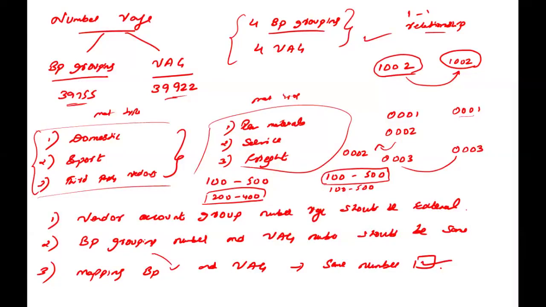If you want to have the BP number and the vendor number same, then you have three prerequisites. First, the vendor account group number range should be external. Second, BP grouping number and vendor account group number should be same. Third, when you're mapping BP grouping and vendor account group, it should always have the same number option enabled.